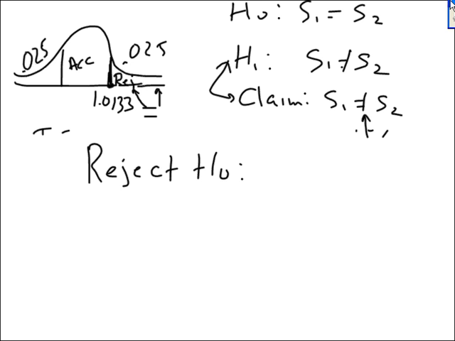Since we're rejecting H0, that means we're not saying that they're the same. In the middle here, we're saying that S1 equals S2, but we're rejecting that claim.